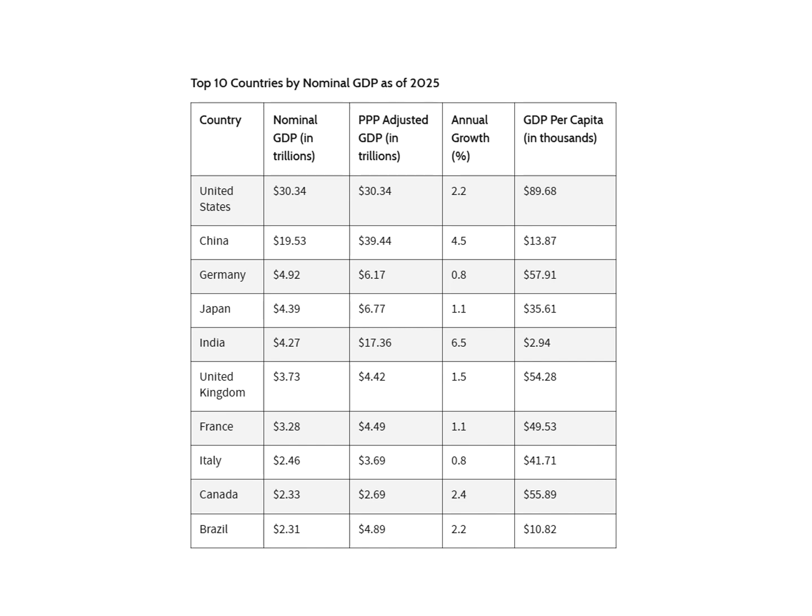According to the data on this chart, the United States is growing at an average annual rate of 2.2%, suggesting it will take the United States roughly 31 years to double its aggregate output. China, growing at 4.5%, according to this chart, will double its output in just 15 years.